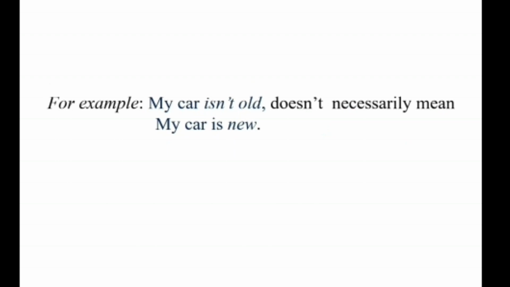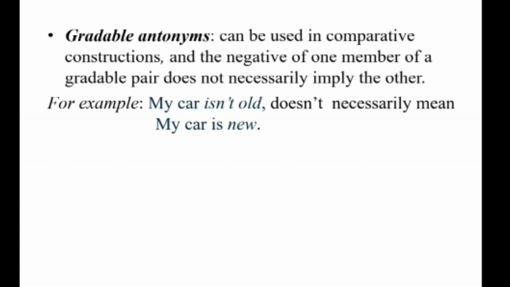Gradable antonyms such as big, small, hot, cold, fast, slow, can be used in comparative constructions. For example, today is hotter than yesterday, or a pony is smaller than a horse. And more than that, the negative of one member of a gradable pair does not necessarily imply the other.